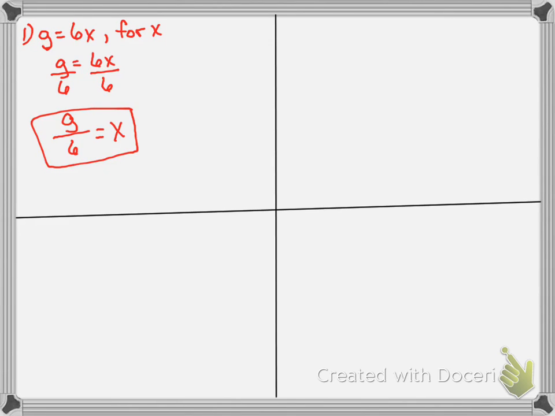Alrighty. Now, number 3 has a couple of ways that we can do this. So let's take a look. We're going to take a look at both. We have z is equal to m minus x, and we're going to solve for x.